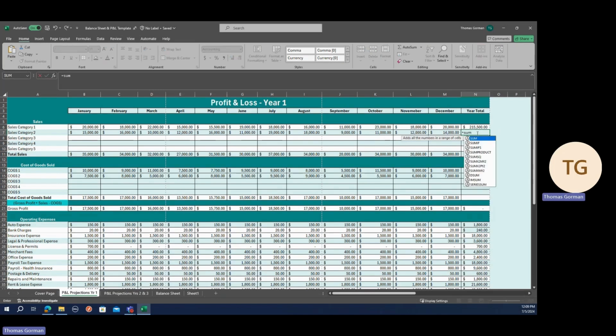Same thing here, equals sum. Product 2 from January all the way to December. 163,000 of product 2. Here we go. We want our sum. And then I think we can just drag this across and it should give us our total. Yep, there we go. I do the same thing here with our cost of goods sold.